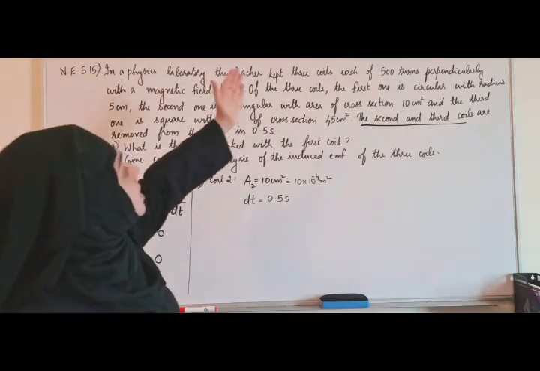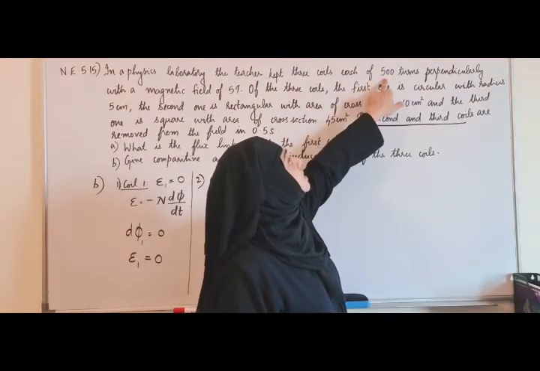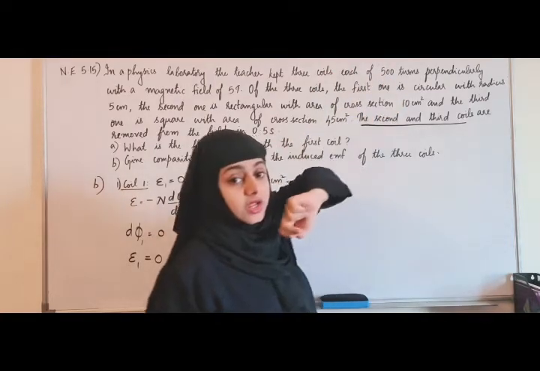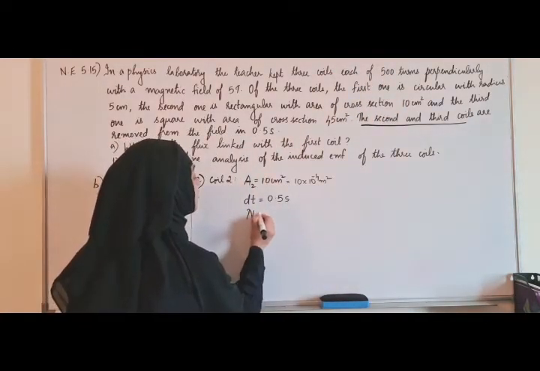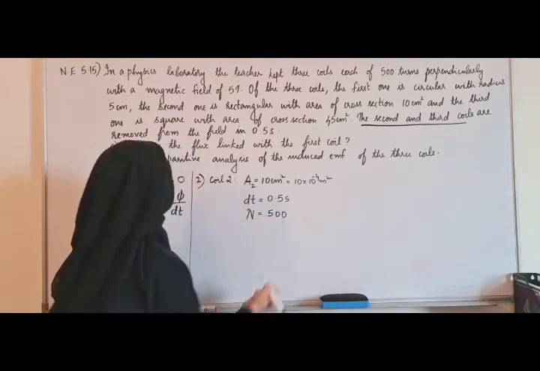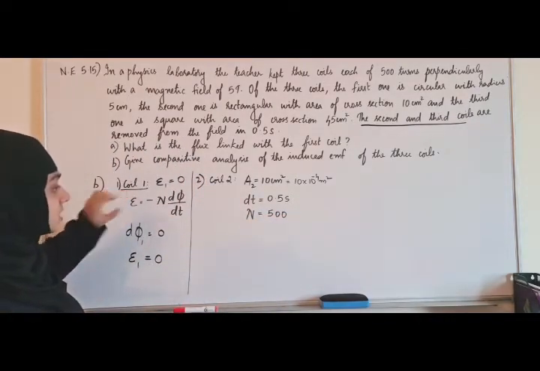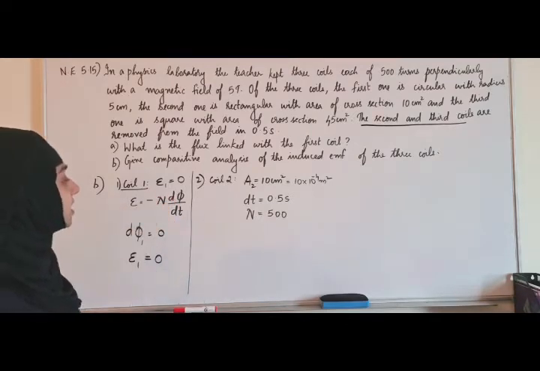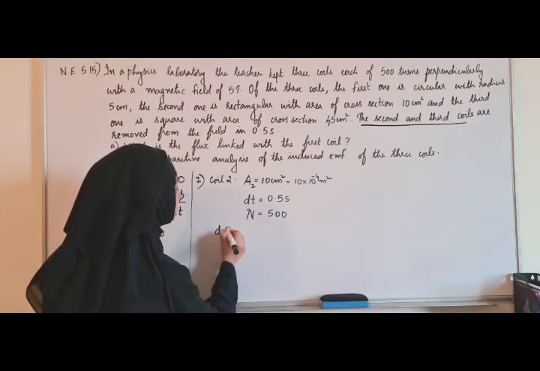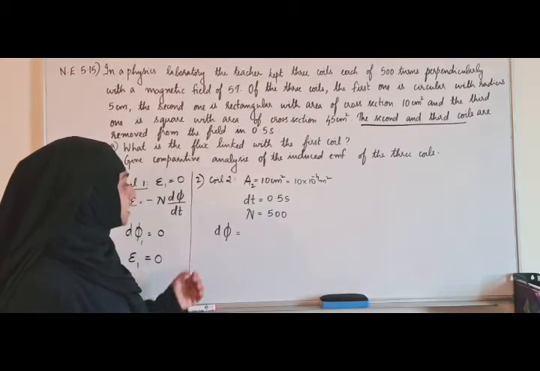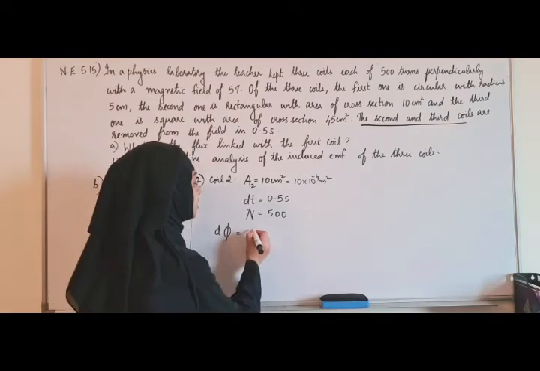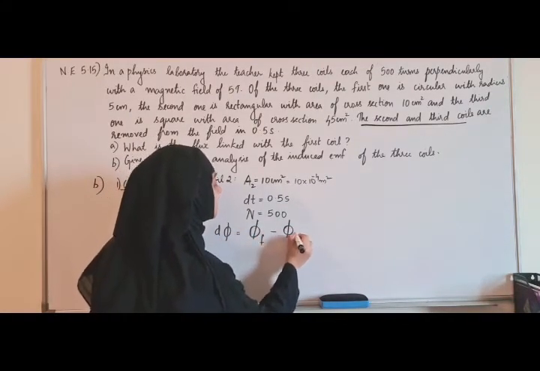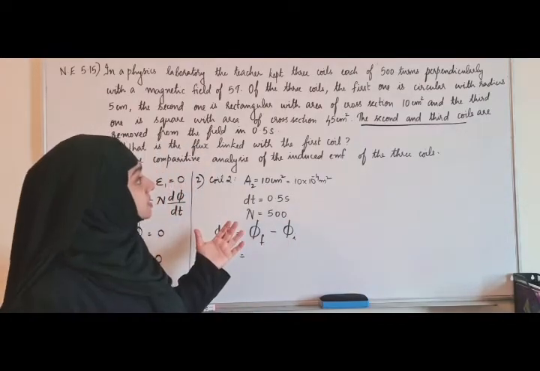Now, each of the coils has 500 turns. So, all the coils will have 500 turns. So, we can take the number of turns N equal to 500. We are going to put that in this equation. Now, what we require is d phi, the change in flux. We can consider the change in flux as equal to the final flux minus initial flux. What is the final flux?